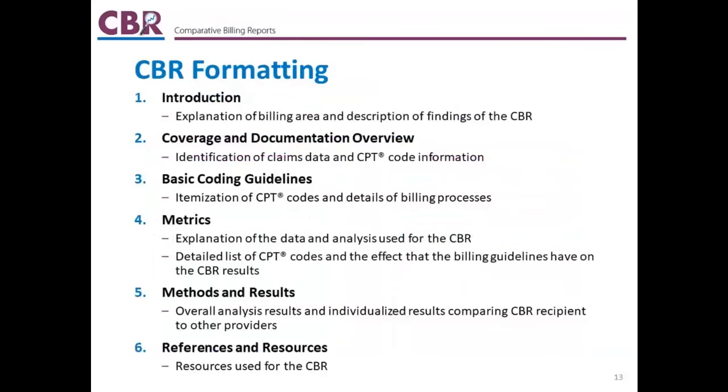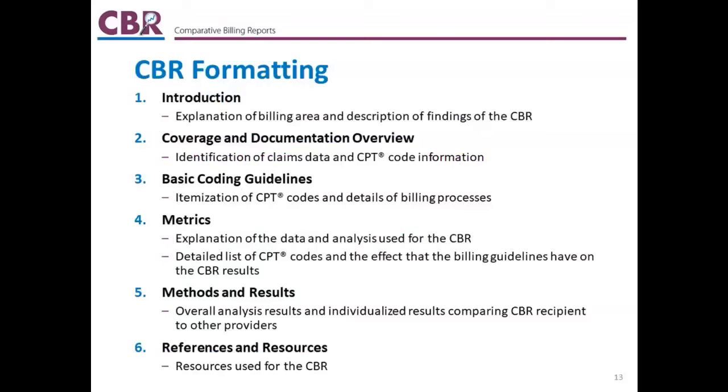A CBR is formatted into 6 sections, which help to focus on the process and the results of the CBR. The introduction is a brief explanation of the specific billing area addressed in the CBR and a description of the findings of the CBR. The coverage and documentation overview identifies claims data and reviews basic CPT code information.